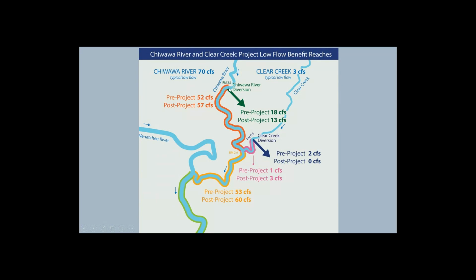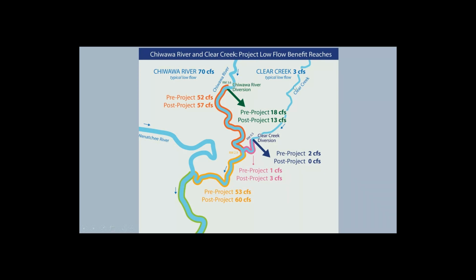At the Chihuahua diversion, they divert 33 CFS to get into their headworks, but there's a return flow there. So we're just counting right now the 18 CFS that they pull out of the Chihuahua that goes down the canal. So you have 70 CFS, they pull out 18 pre-project, and that leaves 52 CFS. Then that water flows down until you get to the confluence with Clear Creek.